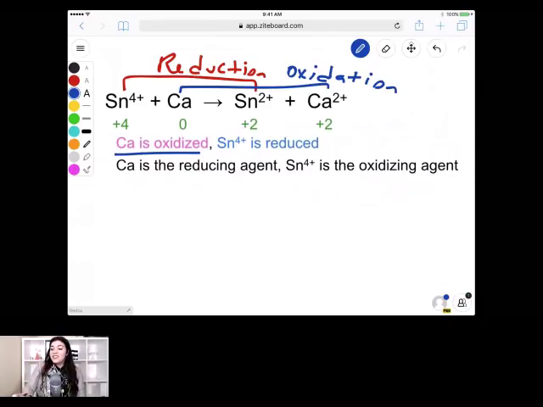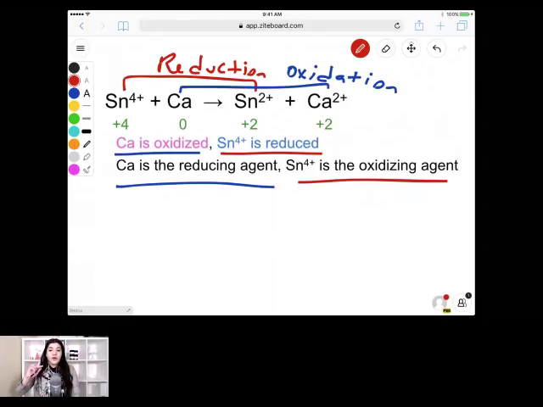And looking at tin, we know that tin is being reduced because it's involved in reduction. So if it's being reduced, then that must be the oxidizing agent. It's always reversing what you're thinking. So if calcium is oxidized, then calcium is our reducing agent. If tin is reduced, then tin is our oxidizing agent, and so on.